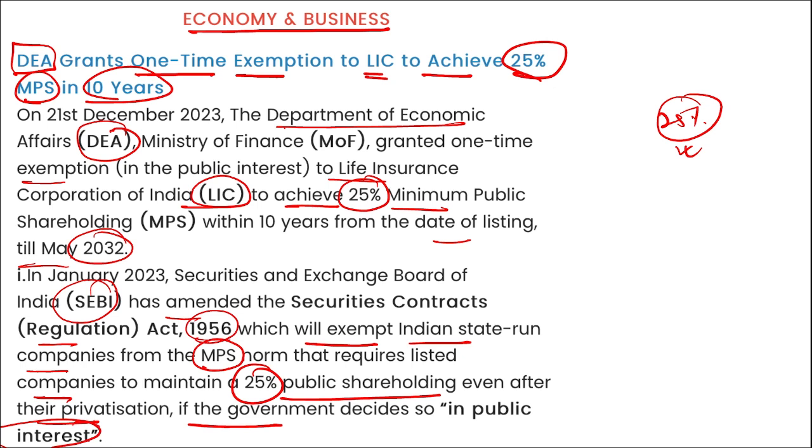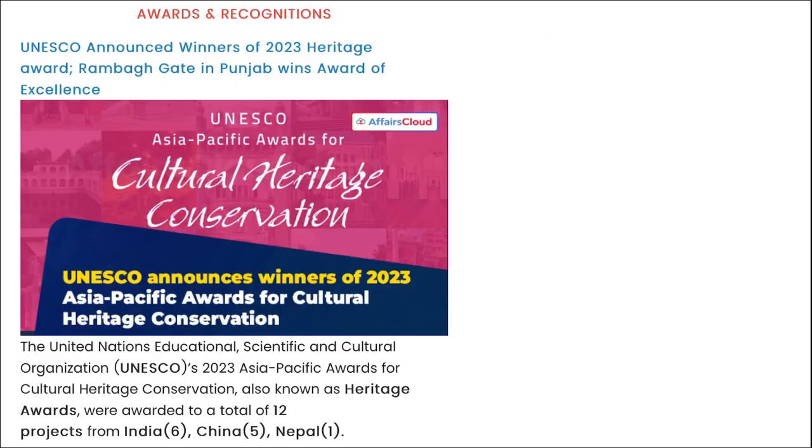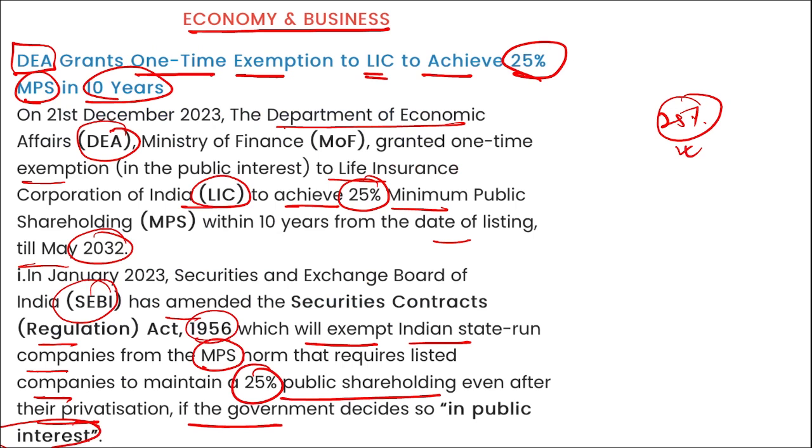Correct? So recently for LIC, the 25% minimum shareholding requirement has been exempted for the next 10 years. Correct? And it is a one-time exemption for them. Also, if you remember, just yesterday LIC's share hit a 25-week high.